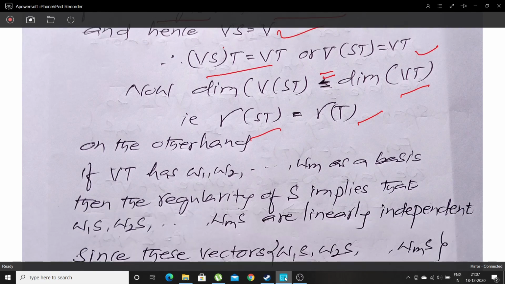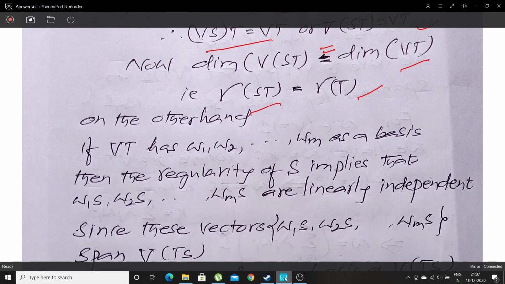Conversely, if Vt has a basis containing the vectors W1, W2 to Wm, then the regularity of S implies that, since it is a basis, the vectors are linearly independent and span. We know the definition of the basis of a vector space.